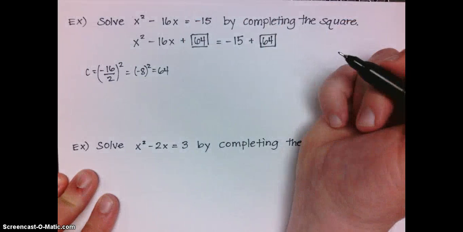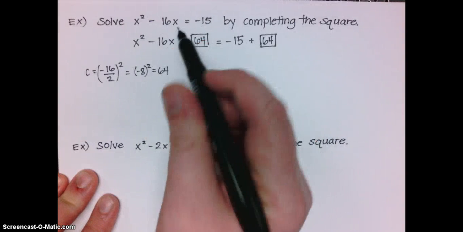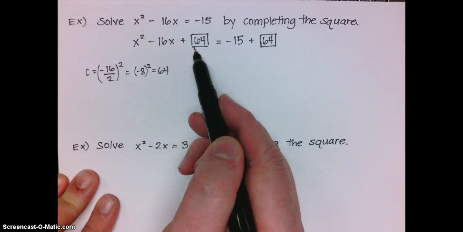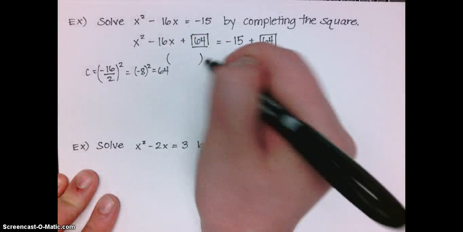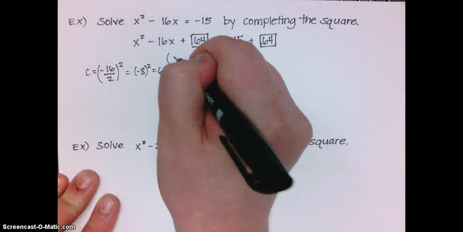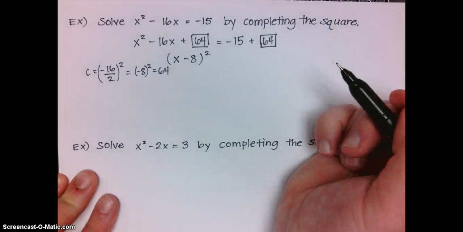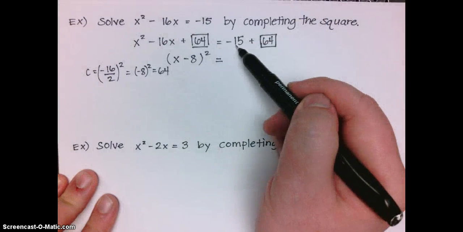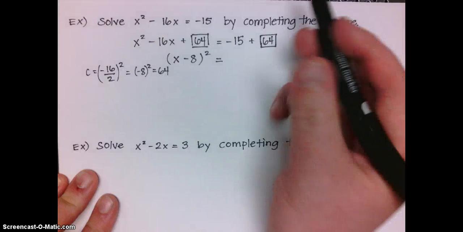Can you see that? So now this expression, x squared minus 16x plus 64, can be rewritten as the perfect square, a binomial, x minus 8 being squared. And then the right side, I'm going to simplify this. What is negative 15 plus 64? Well, that's 49.